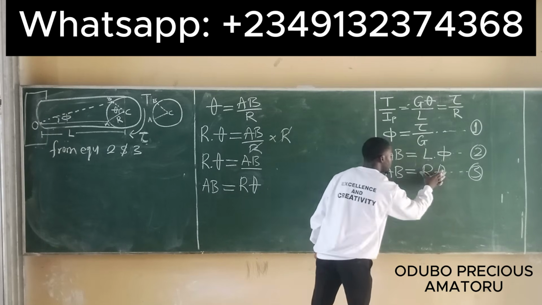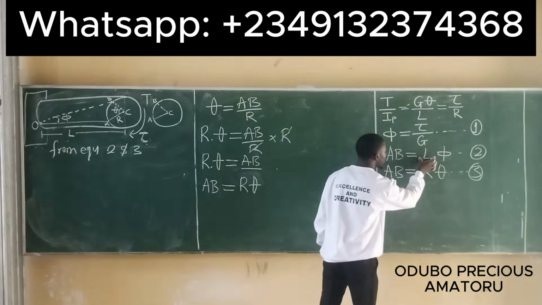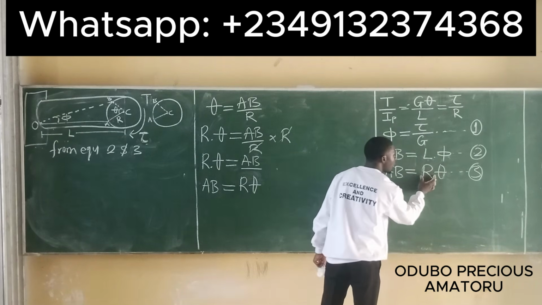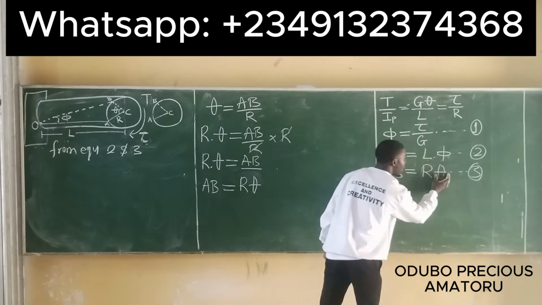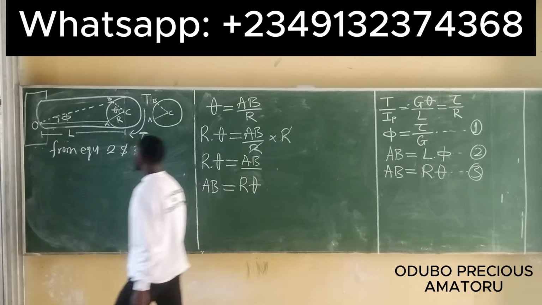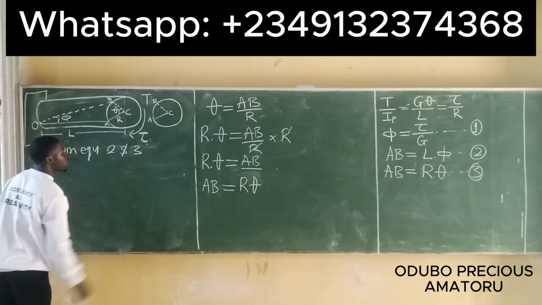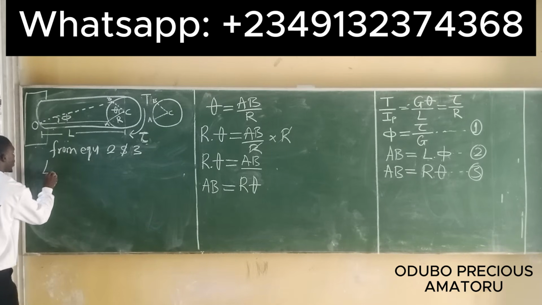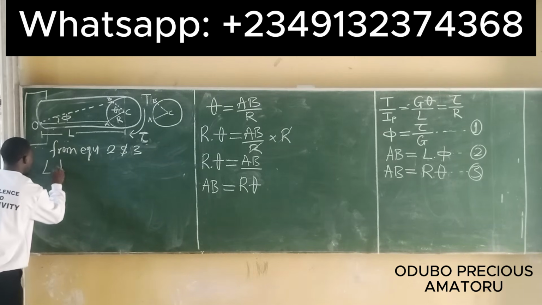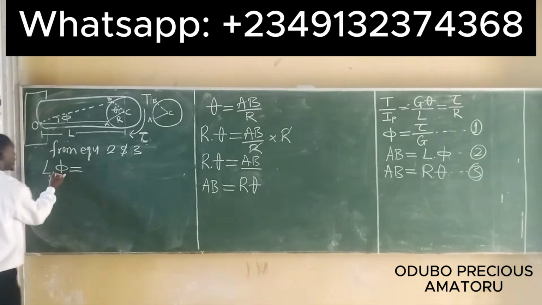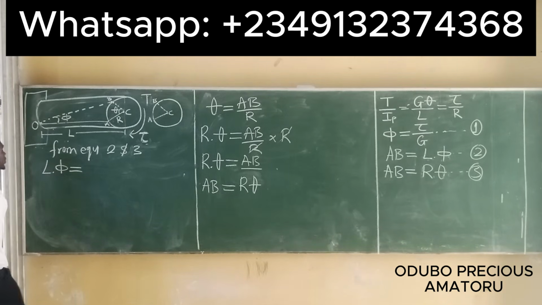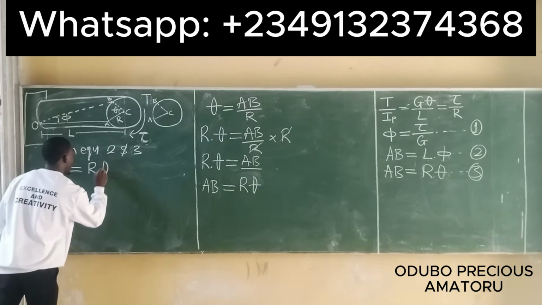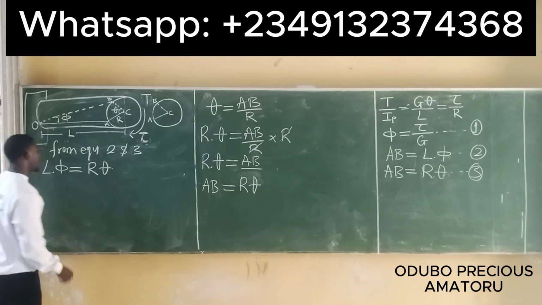So therefore this and this, they are equal. We can say the length of the shaft multiplied by the shear strain is equal to the radius of the shaft multiplied by the angle of twist. So from equation 2 and 3, we can equate both of them. We have L multiplied by the angle of the shear strain equal to the radius of the shaft multiplied by the angle of twist.